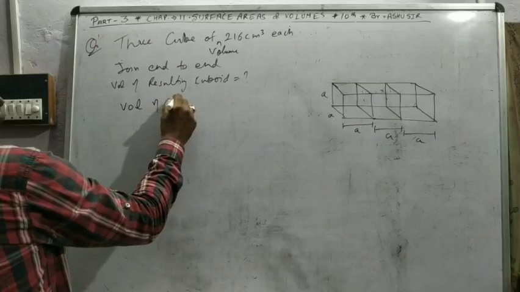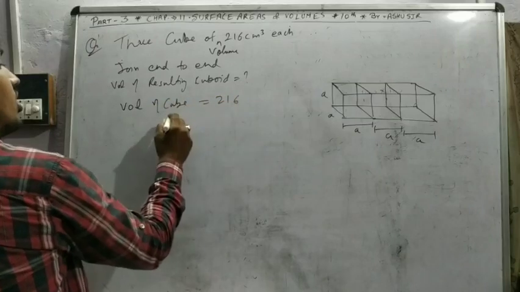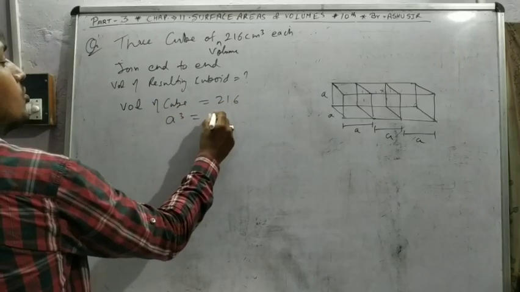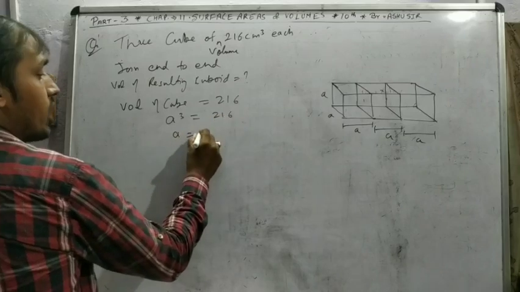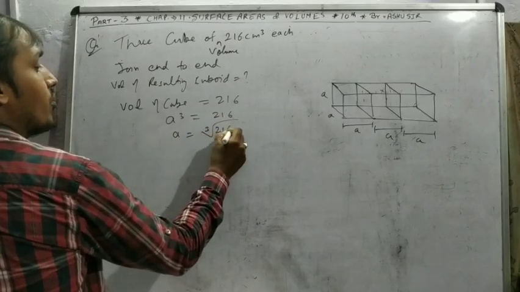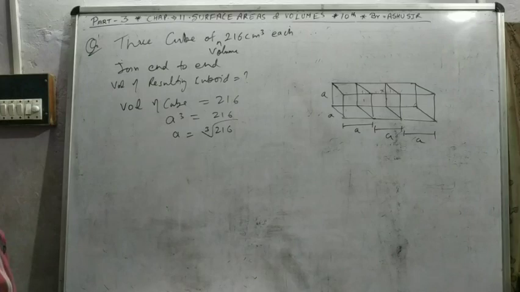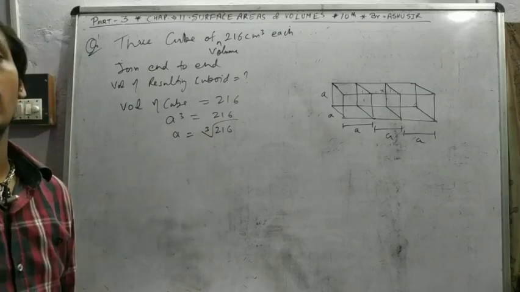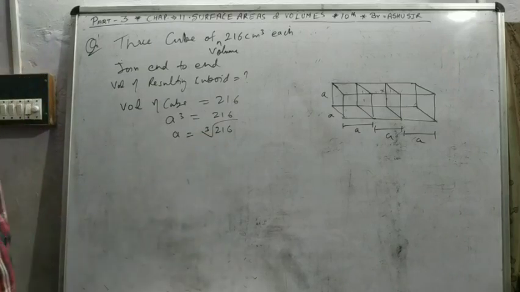Volume of cube 216, normal basic formula, A cube is equal to 216. So A is equal to cube root of 216. Many students I have seen are unable to solve this cube root.